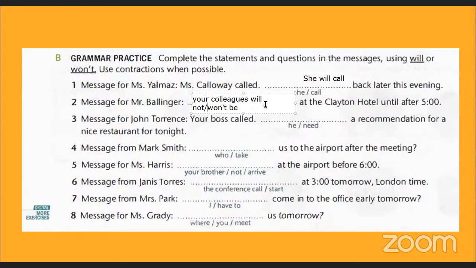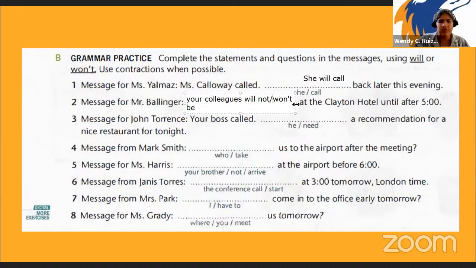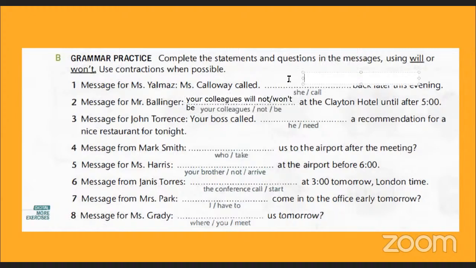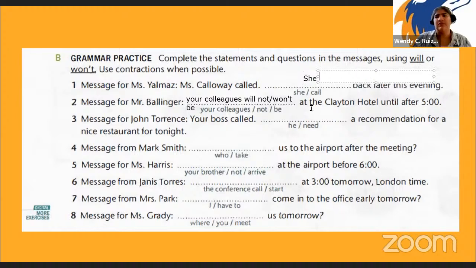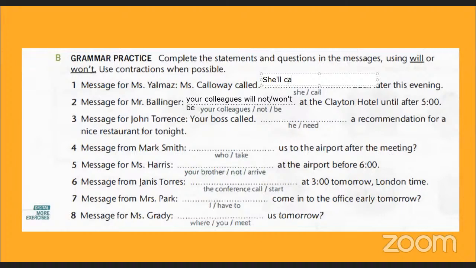Y es lo mismo, es correcto. Podemos usar contracciones cuando hay espacio de hacerlo. Y acá sería, ay, no sé cómo se borra algo. Ya no puedo regresar ahí donde lo escribí. Vamos a arreglar. She también puede ser así: she'll call.